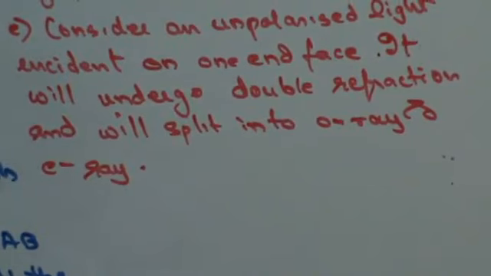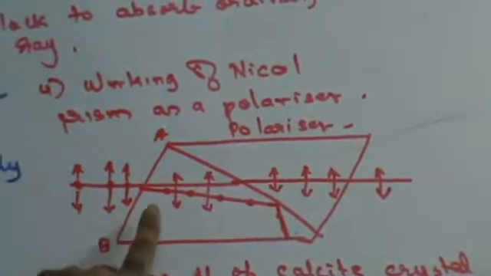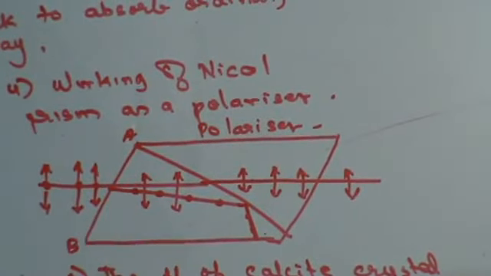Double refraction will take place. That's the first thing that I've shown you. In the diagram, that's the ordinary ray coming in. As soon as it enters the calcite crystal, you have double refraction taking place, right?